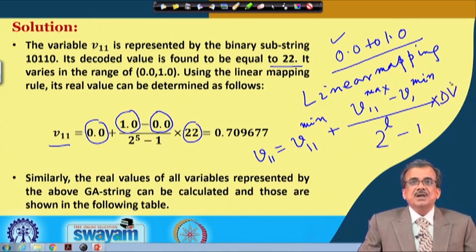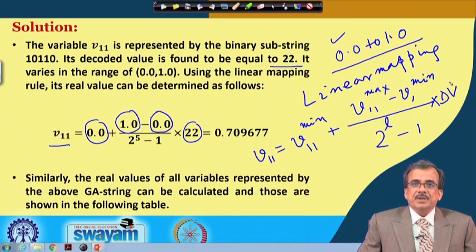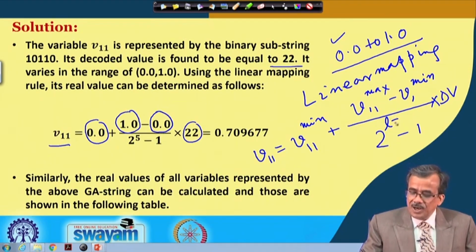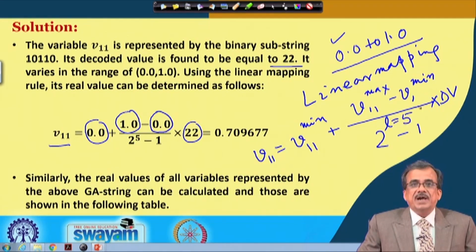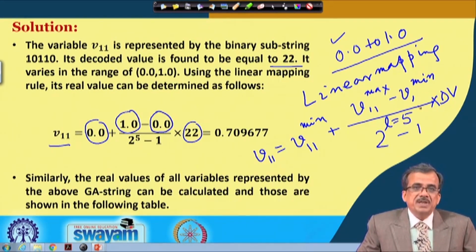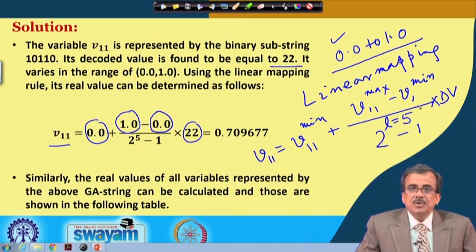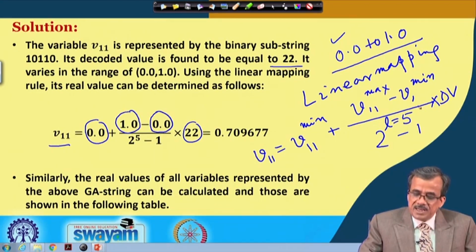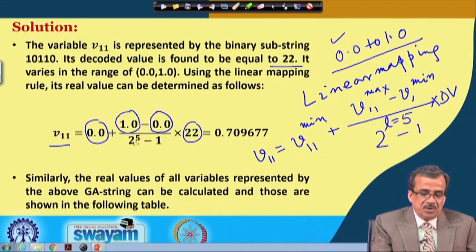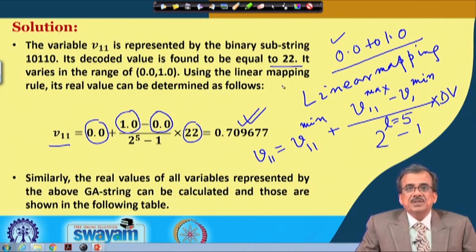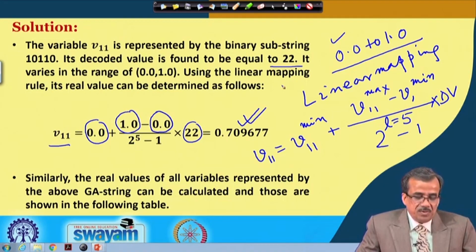So, this is the linear mapping rule. Here, small l is 5, because we are using 5 bits to represent V11. So, very easily we can substitute all the numerical values and find out the real value corresponding to V11.